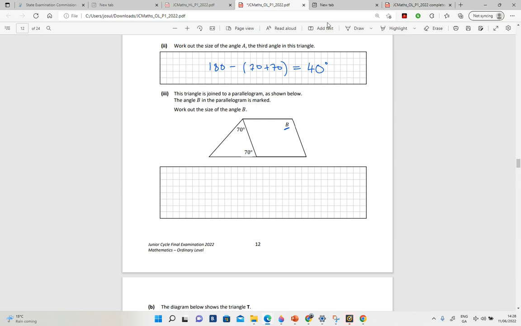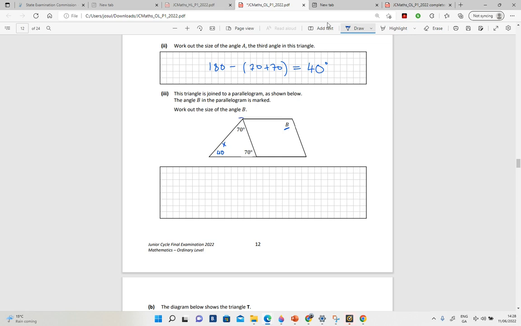Those two are parallel lines, if you like. So we've got two 70s here. We know that this one over here is 40. We'll call this angle X in this case.